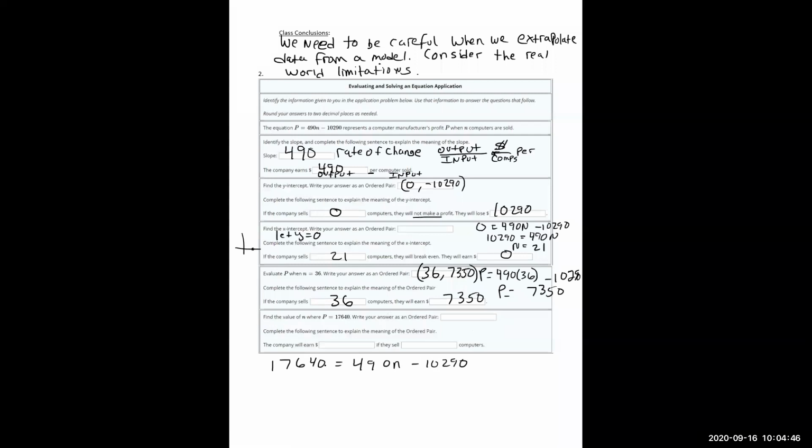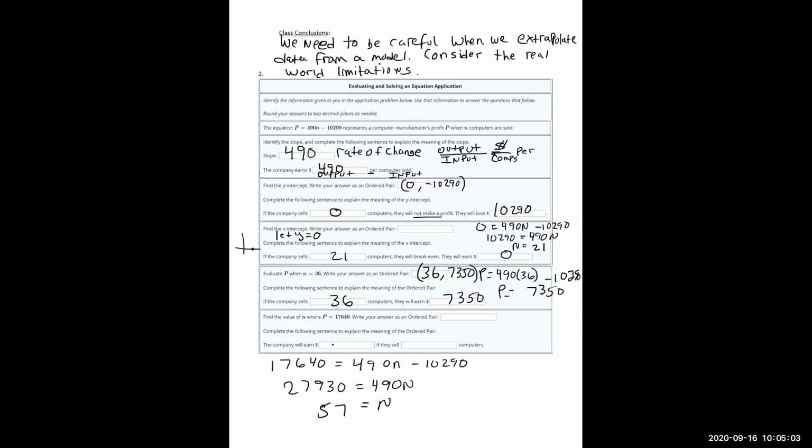Solving this equation for n here, we have 27,930 when we add 10,290 to each side, divide each side by 490, and we have n equals 57.